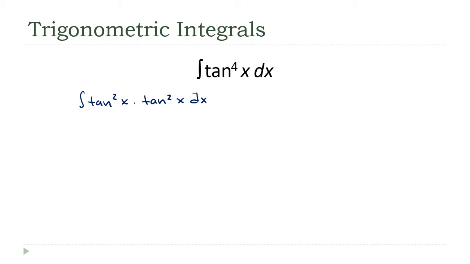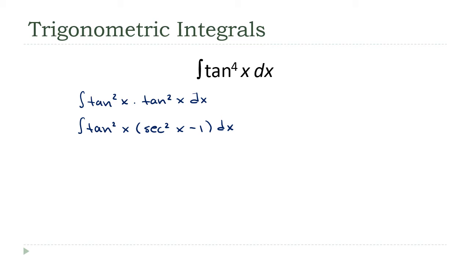Okay, now I'm going to use one of those Pythagorean identities. I'm going to make this the integral of tangent squared x times secant squared x minus 1 dx. Excuse me, I got that backwards.